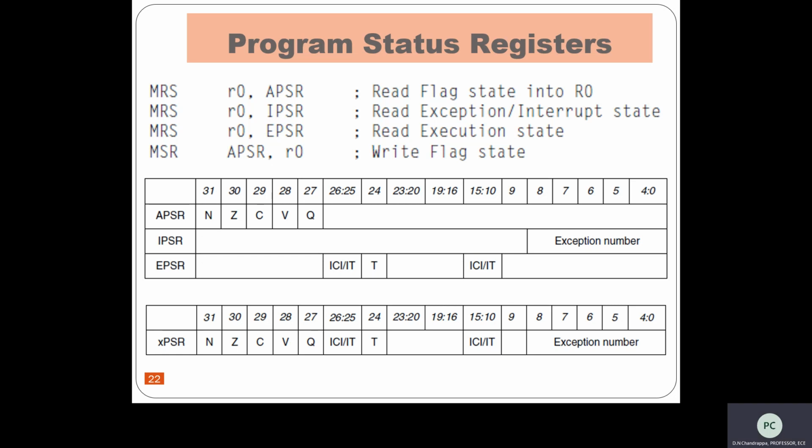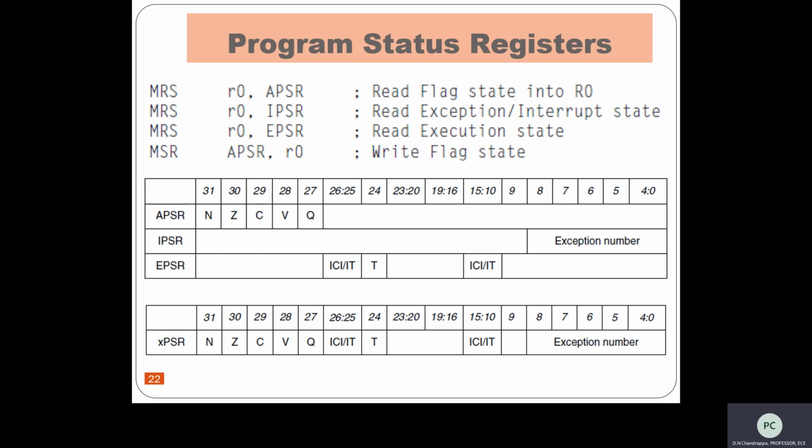Now similarly, I will look into the second program status register, called the interrupt status register. What is it for? The interrupt status register is nothing but the exception numbers. How many exceptions are there? All these exceptions we are looking at. That is called IPSR.